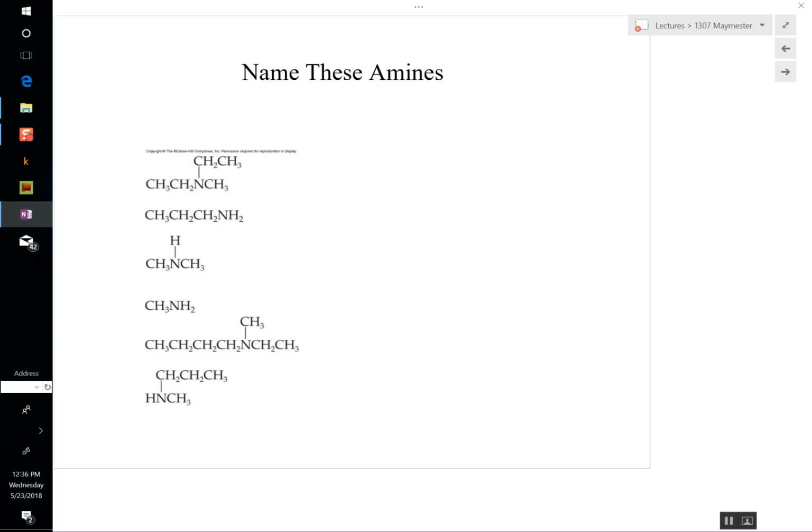If you get down naming amines, then you're over the biggest hurdle in chapter 15. So work at this and you'll have the lion's share of the work for chapter 15. If you want to, Samantha, just name one right next to it. She's doing one. That's fine.